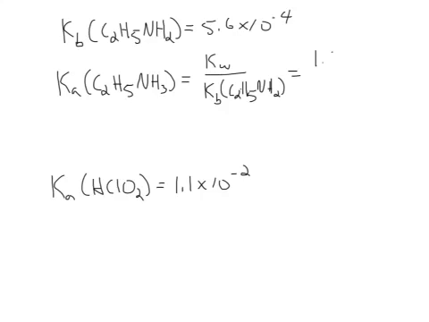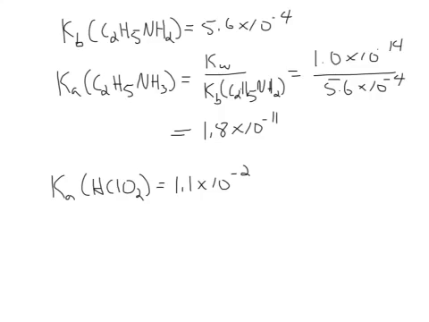So that means 1.0 times 10 to the minus 14 over 5.6 times 10 to the minus 4 is 1.8 times 10 to the minus 11. And just a note, I forgot the positive charge there on my cation.